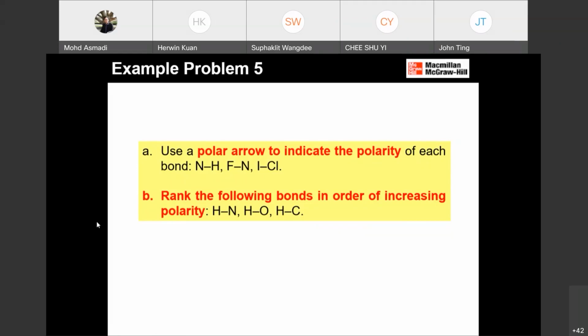Can you do it and paste in the Jamboard? For example, look at here, what is the electronegativity of H, F, I, Cl? For example, nitrogen, the electronegativity is 3, and then H is equal to 2.1.